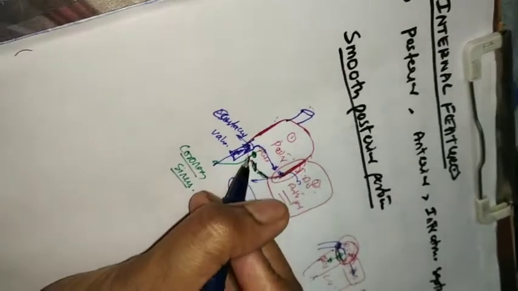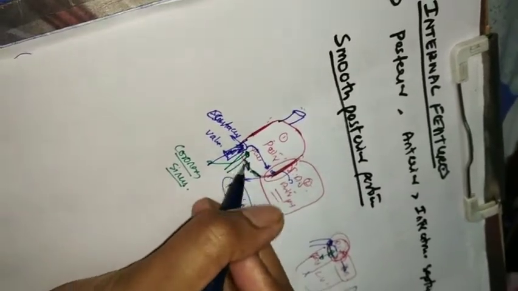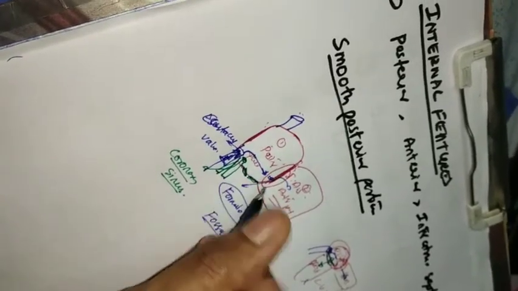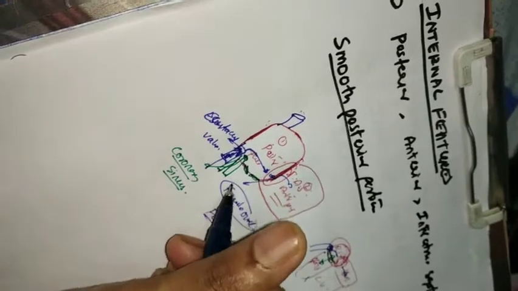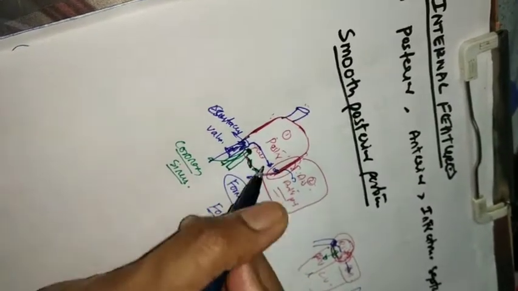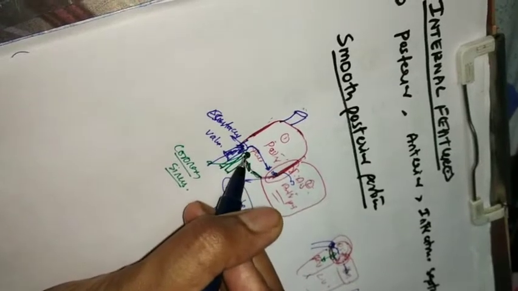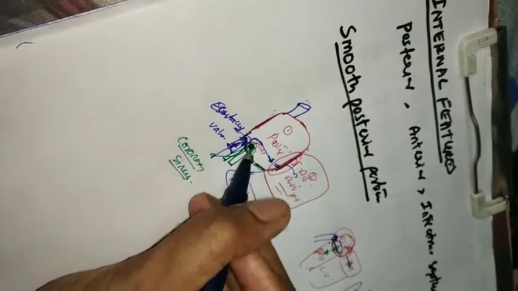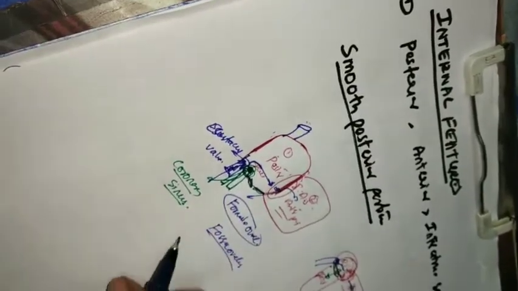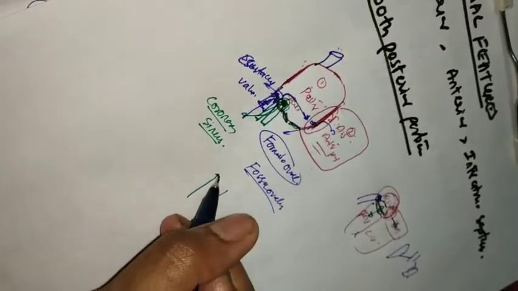The large cardiac veins, the veins which supply the heart, open here as a whole as the coronary sinus, and these veins have a valve.